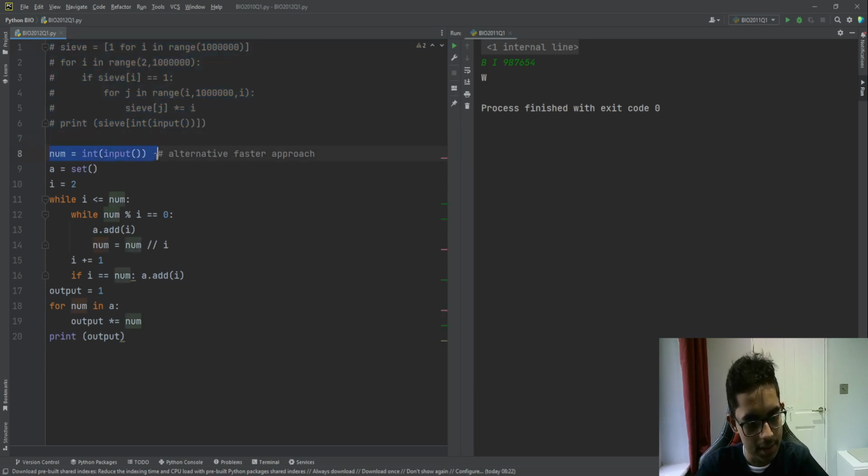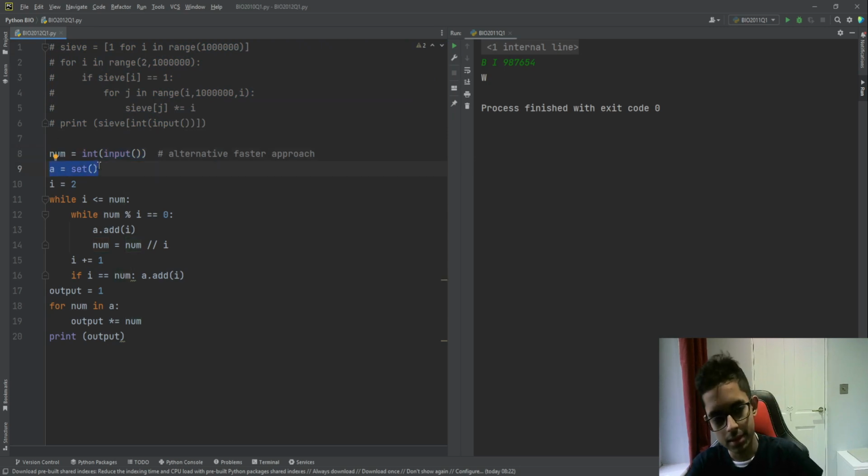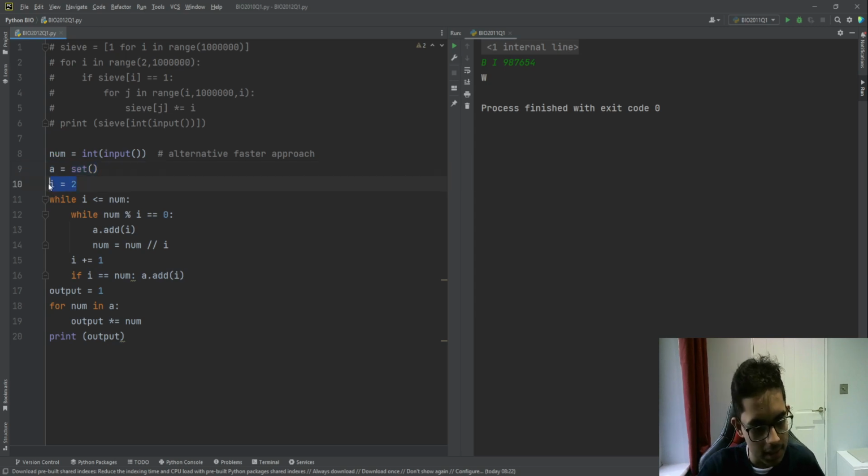So I'm basically just accepting the input, and I have this set. I'll come to why I used a set later. I'm iterating from 2 all the way to the number, and this is iterating through all possible potential prime factors of the number.